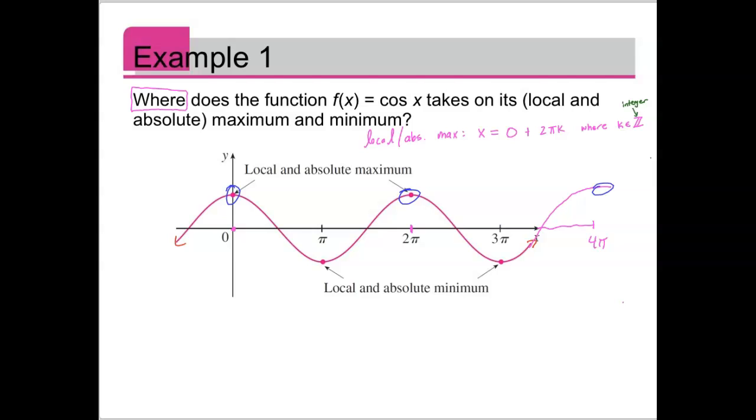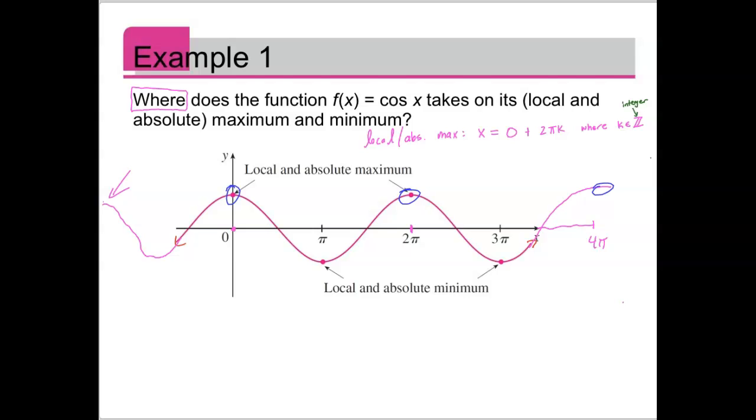That would give me that maximum. K could be negative 1, and that would give me x equals negative 2 pi, which is going to be over there, right? I think we all agree that's just a perfect continuation of that graph. Basically, it looks like the computer drew it, not a human hand.